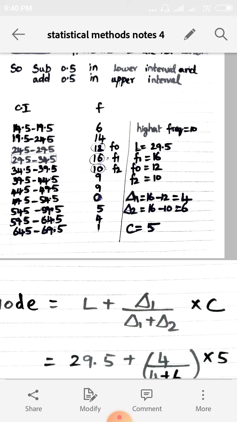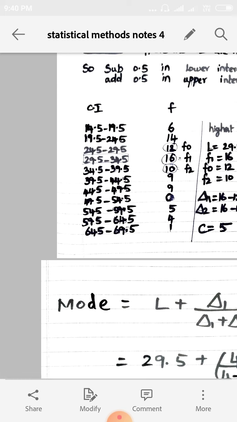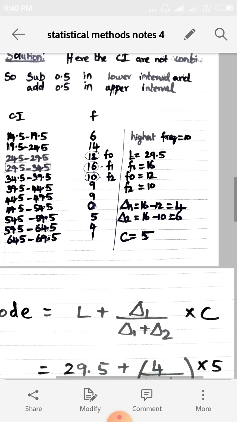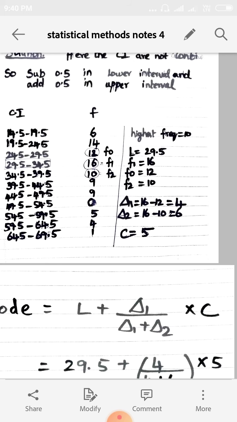Clear? F1 is equal to 16, F0 is equal to 12, F2 is equal to 10. Now L is the lower limit corresponding to F1, the highest frequency 16. The corresponding interval has lower limit 29.5. So L is equal to 29.5.